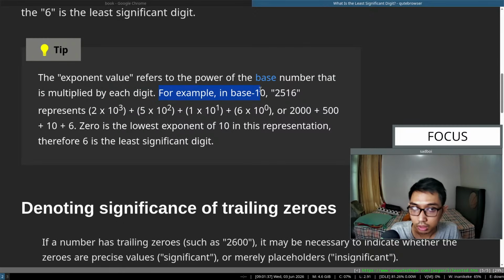Base 10, 2516 represents this one, or 2510 and then 6. Zero is the lowest exponent of 10 in this representation, therefore 6 is the least significant digit.